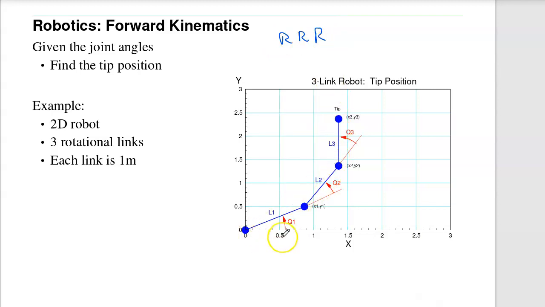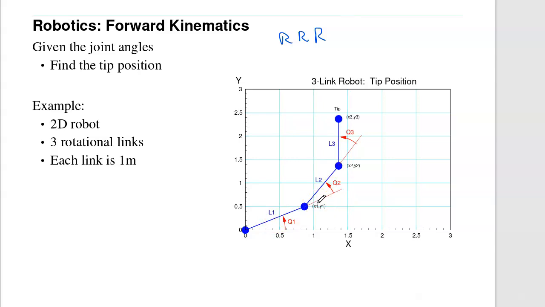Let's assume this is also a 2-dimensional robot. The first joint moves this link, then the second joint moves the second one, the third moves the third link. Where's the tip? Now, standard in robotics is the angle is always relative to the previous joint, and you kind of see that with your arm.